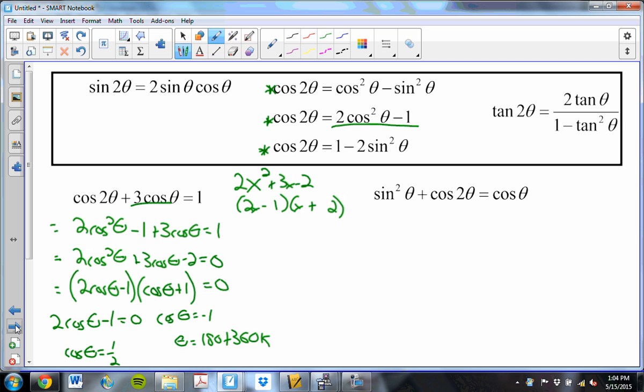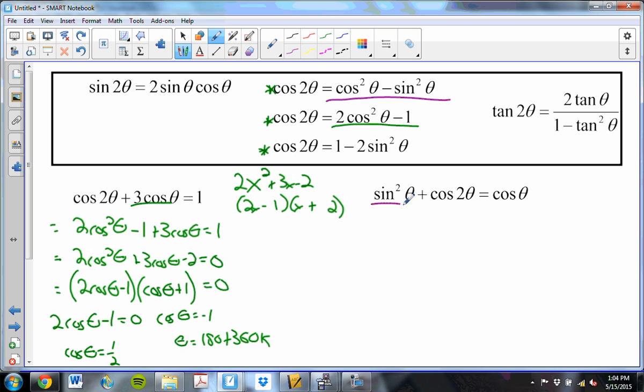Finally, sine squared plus cosine 2 theta equals cosine theta. I need to take my cosine 2 theta and somehow change it. And the question becomes, which option do I pick? At this point, I really don't know, so I just sort of try and plan ahead a little bit. I think if I grab this option here, I'll have 2 sine squareds, and those will cancel.